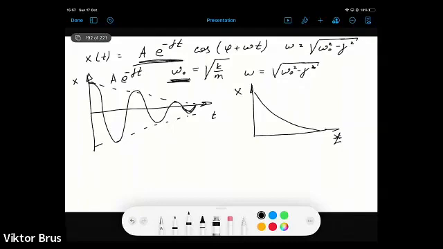So this discussion was quite heavy with equations. What you have to remember is the final solution, and you need to be able to explain that the frequency of the underdamped oscillation is given by this equation, and the amplitude of underdamped oscillation decreases over time according to the prefactor in front of this cosine.